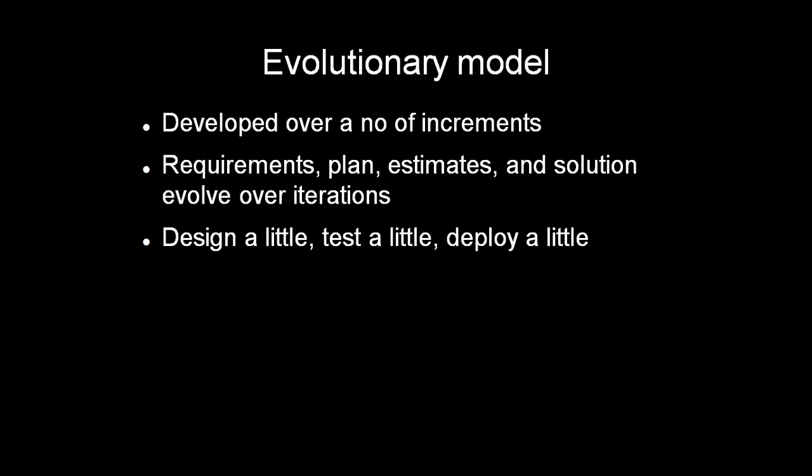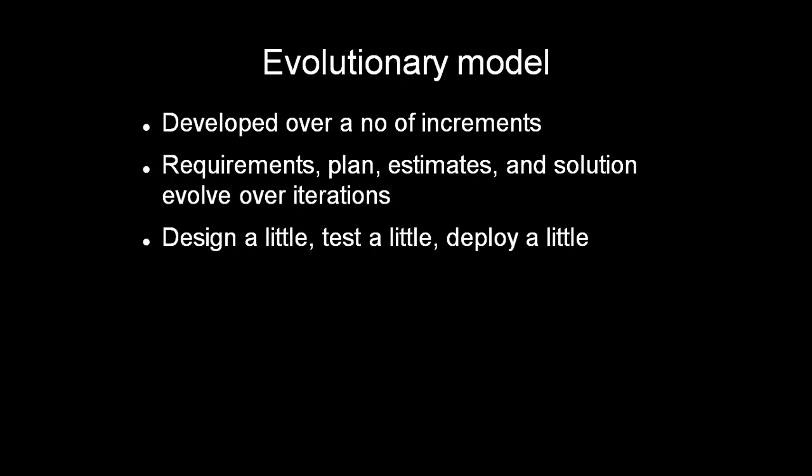So the next model is the evolutionary model. This evolutionary model has many features of the incremental development model. Like in the incremental model, the software is developed over increments. We have already seen that in the incremental model the software is developed in increments.